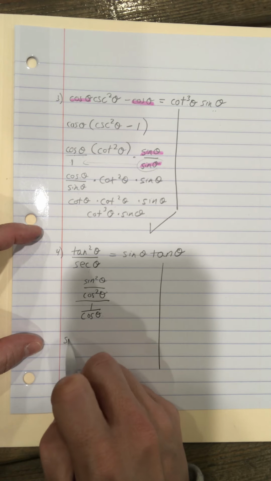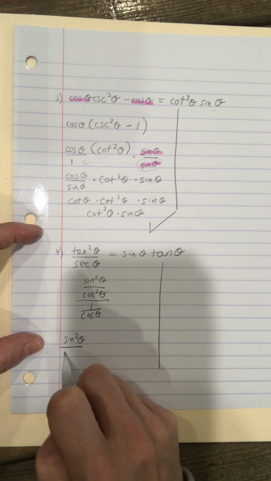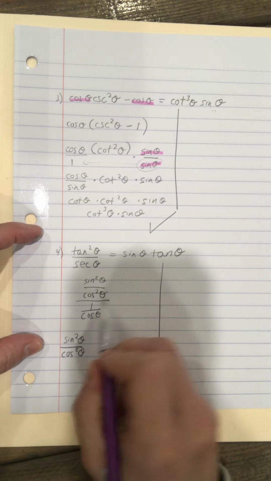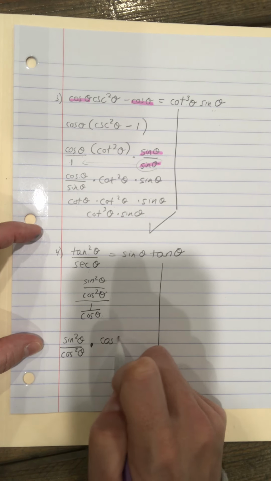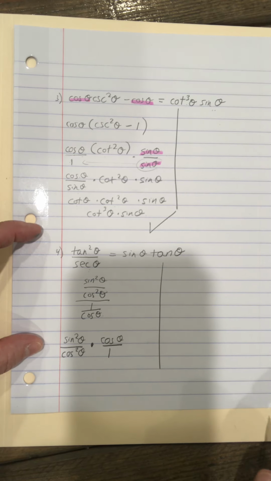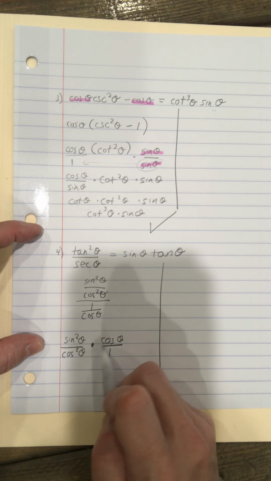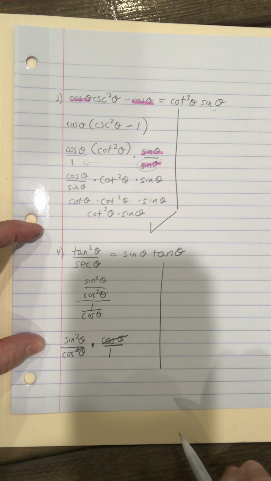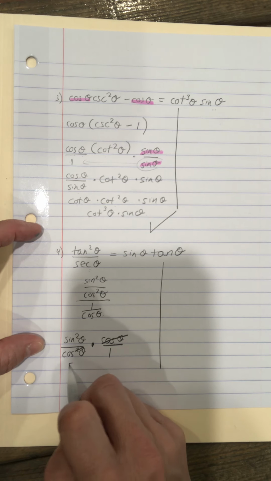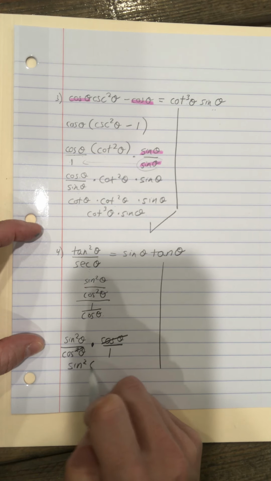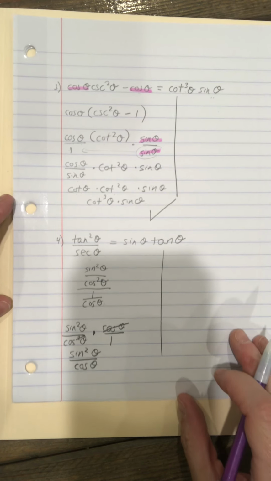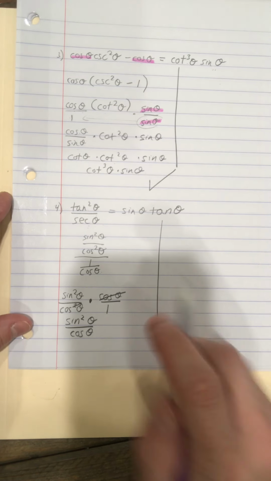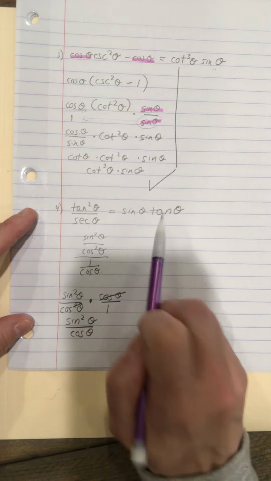So you're going to keep the numerator the same, change the division to multiplication, and multiply by the reciprocal of that denominator. By doing that, one of the cosines would cancel out, and I'm left with sine squared theta over cosine theta.